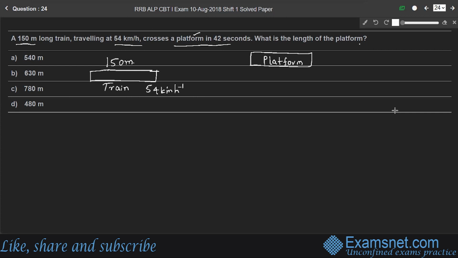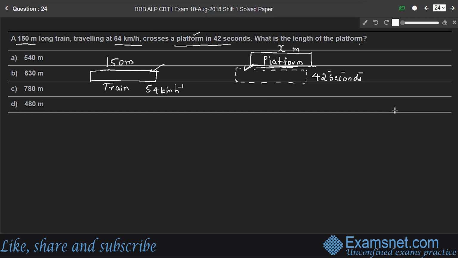The train crosses the complete platform in 42 seconds. What is the length of the platform? Let us imagine x as the length of the platform. Imagine the train is crossing the platform here. While crossing the platform, it has to cover its own length also.